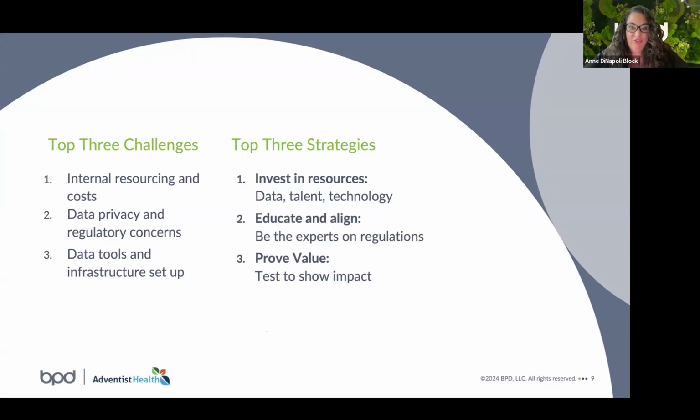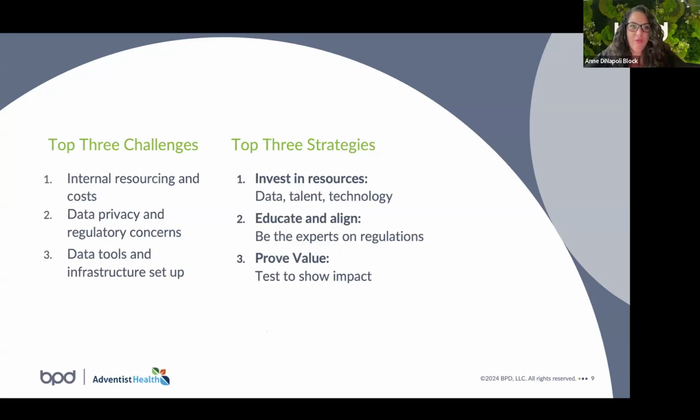tools and infrastructure setup. Now, we know these tools and this type of data can sometimes cost a lot of money on how to manage it. Your time and resources with your budgets may be really limited, and that being such a big challenge. So how to overcome that is you don't have to boil the ocean to get started, right?